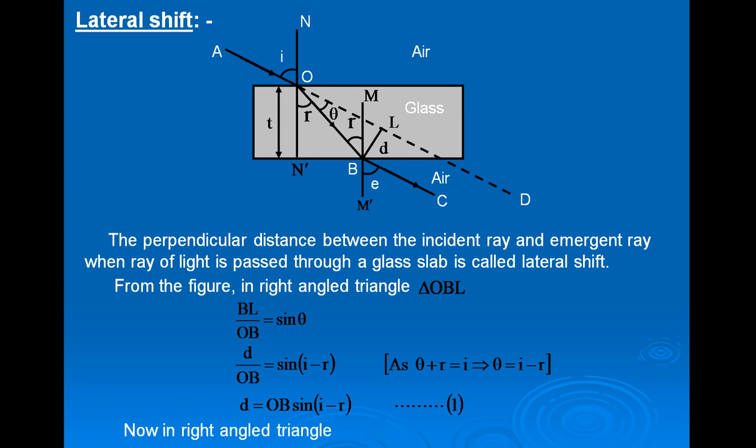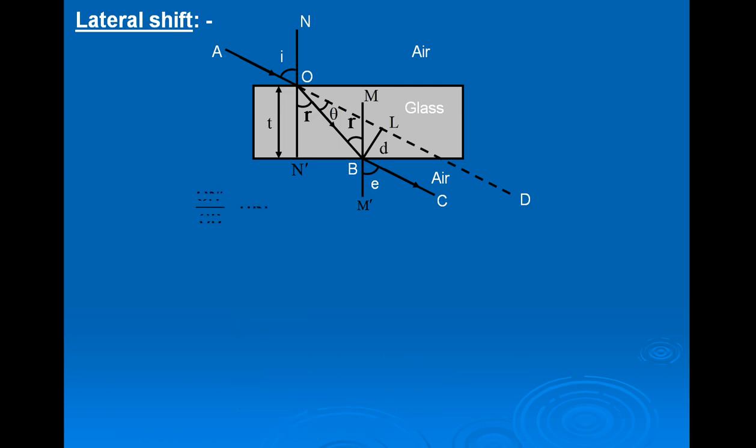Now in right angle triangle OBN', right angled at point N', we get ON' upon OB is equal to cos R. Base upon hypotenuse is equal to cos.